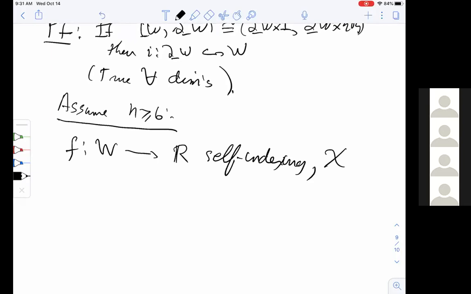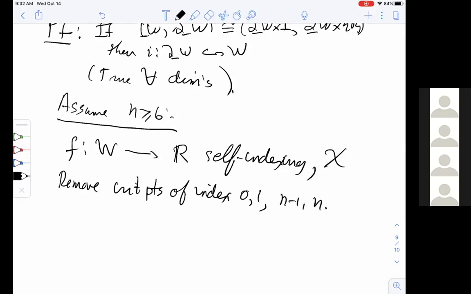And I'm going to follow the proof of the s-cobordism theorem as far as I can. So the first step in the s-cobordism theorem was to remove critical points of index 0, 1, and then flip it over n minus 1 and n.